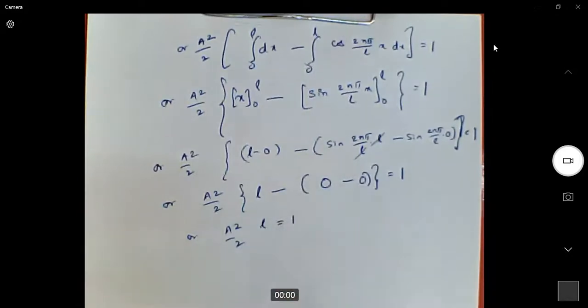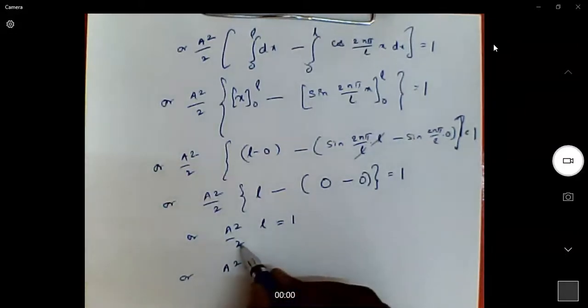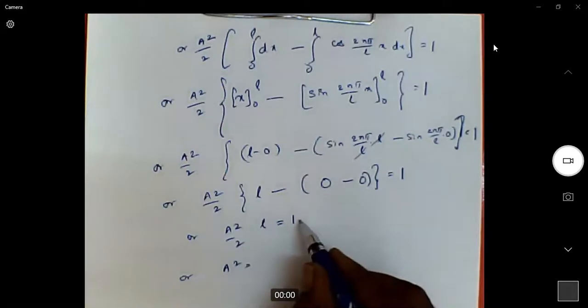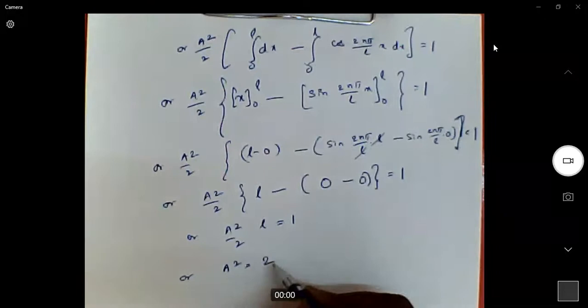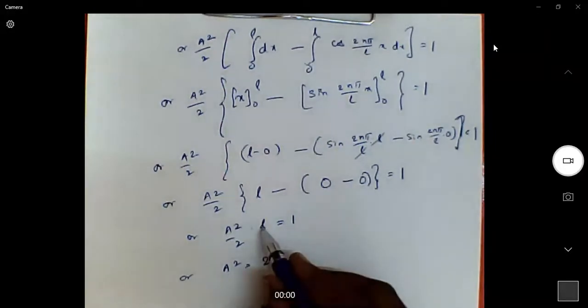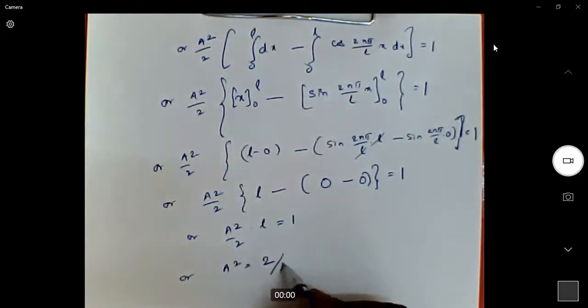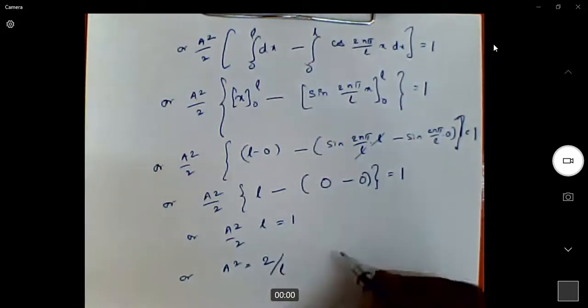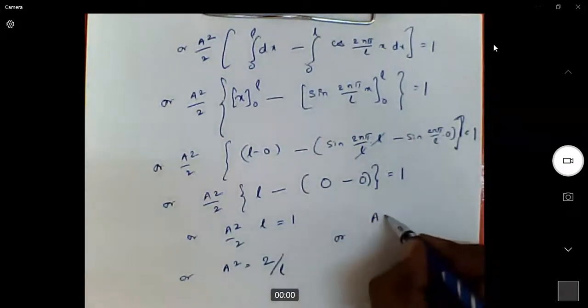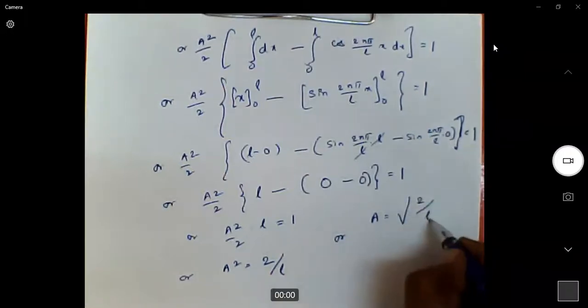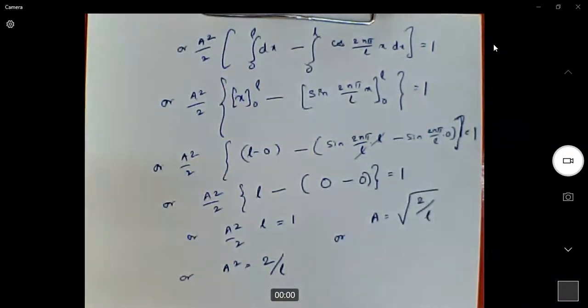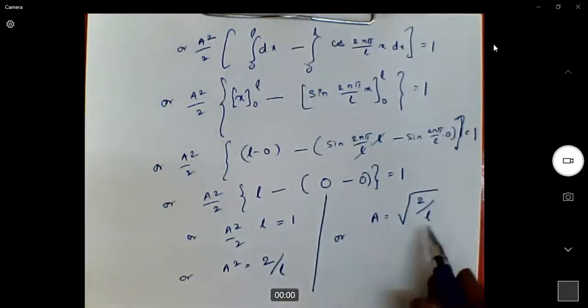L is equal to 1, or a square is equal to 2 over L. When we make it right side of the equals, L becomes numerator; when we make it this side, it becomes denominator. Or a is equal to square root of 2 by L. This is the value of a.